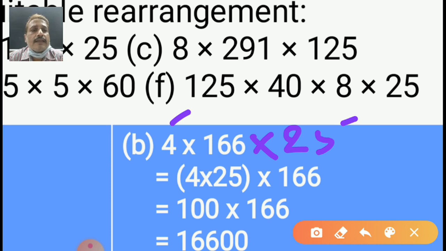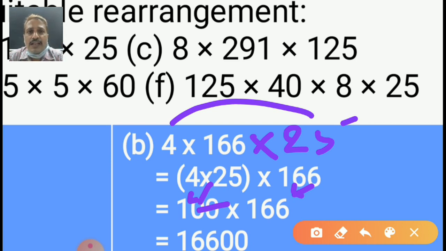Yes, this and this number you have to make together. That gives us 100, and 166 is last. Same way, 2 zeros we can send out. 166 into 1 is 166. And call back these 3 zeros. Very good. Answer is 16,600. Yes, keep it up. Let's move to C.